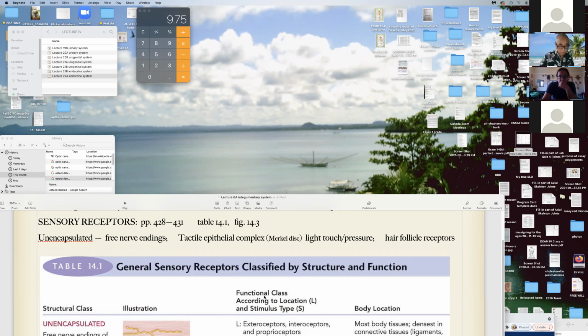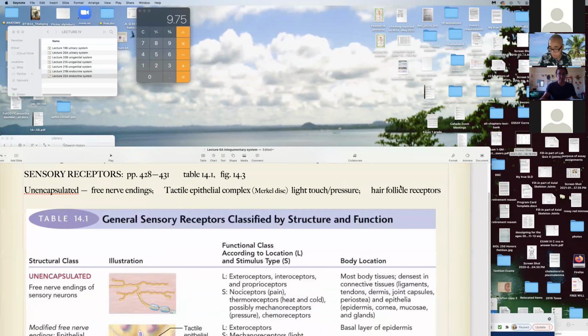I will continue to finish the integumentary system after the exam tomorrow. And I'm going to be stopping this and start closing.